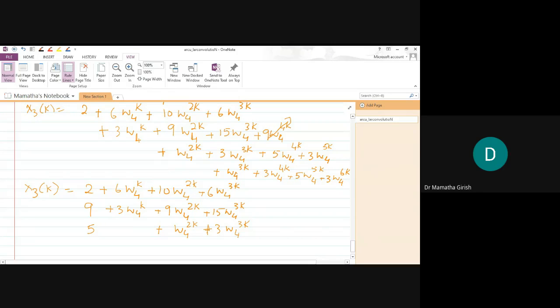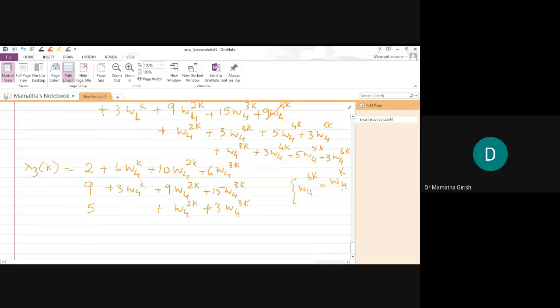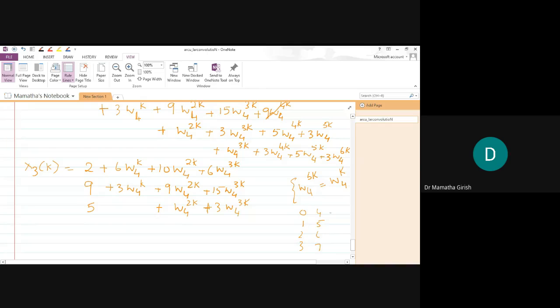What about this term? W4 to the power of 5k, by using the periodicity property, is nothing but W4 to the power of k. It goes like this: 0, 1, 2, 3, again the word repeats, 4, 5, 6, 7, 8, 9, 10, 11.